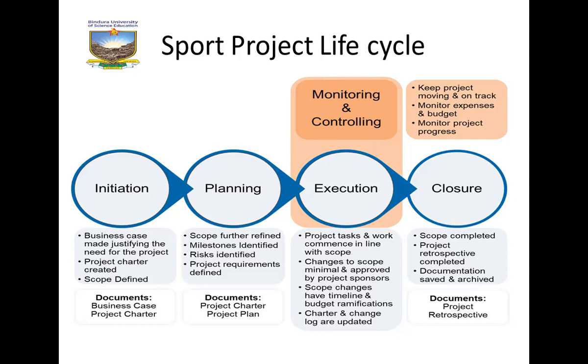So your project then can progress like that. Execution is the actual work being put into that project. And finally, the closure is after the project has been concluded, you then evaluate what happened, what went wrong, what went right, what can be fixed for the future, and so on.